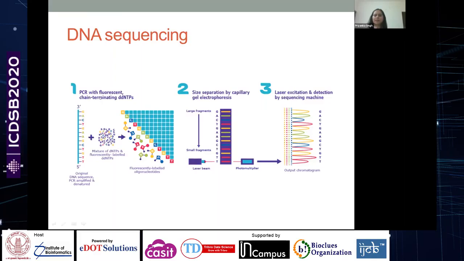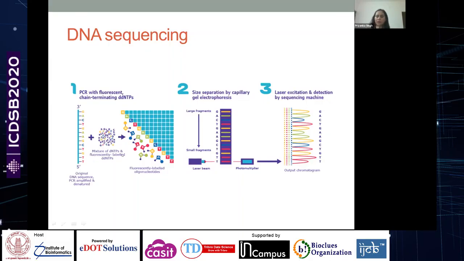This is the basic principle. The Sanger sequencing technique is also advanced nowadays. We do it very frequently. So this is the basic principle. You have this original DNA sequence. You PCR amplify this sequence with the help of a mixture of deoxynucleotides, dNTPs.